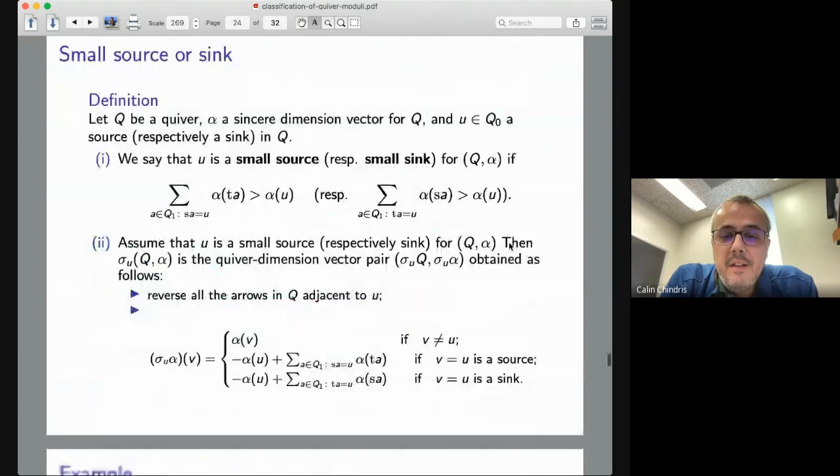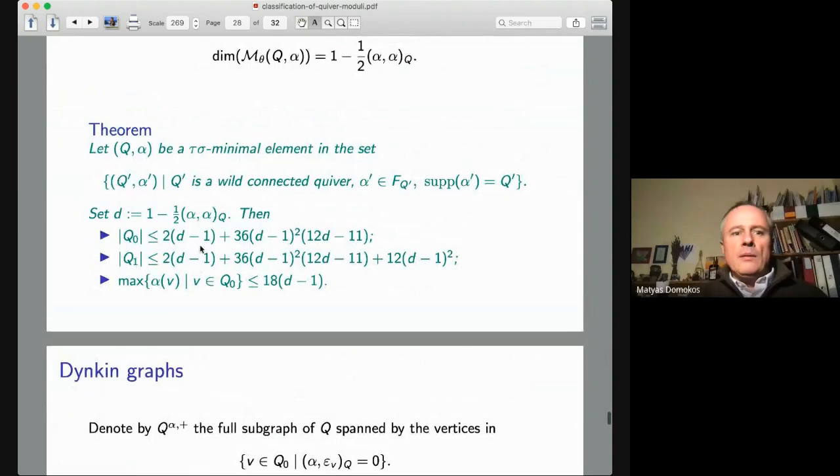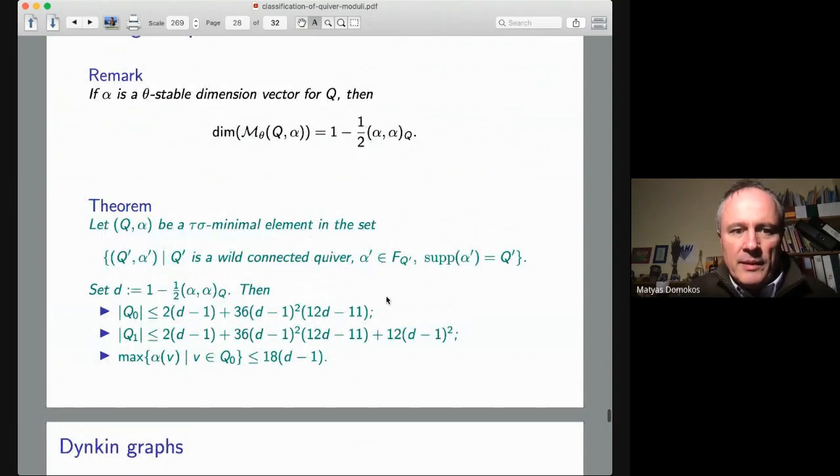Yeah. So the point of this theorem, which I had no time to explain, is that in that list you can give an explicit bound on the quiver and the dimension vector, depending on the dimension. So d is fixed, this number is fixed. Then we have an explicit bound on the number of vertices of the quiver you have to take, on the number of arrows, and on the values of the dimension vector, just in terms of d.